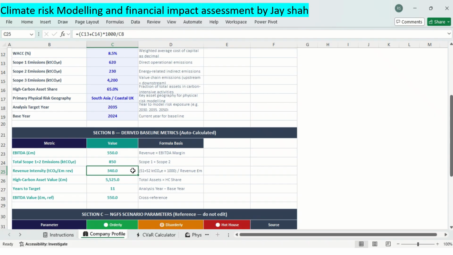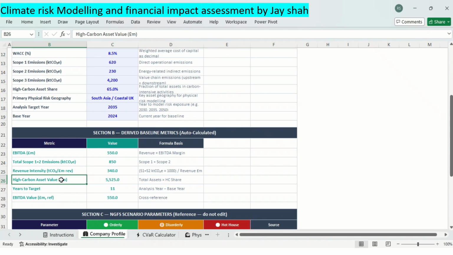That is why it is important to know where your finance goes, into opex, capex and capital expenditure. Revenue intensity is very important to report under SFDR to investors, and also in your internal strategy.